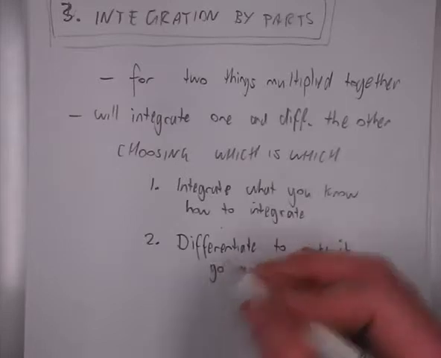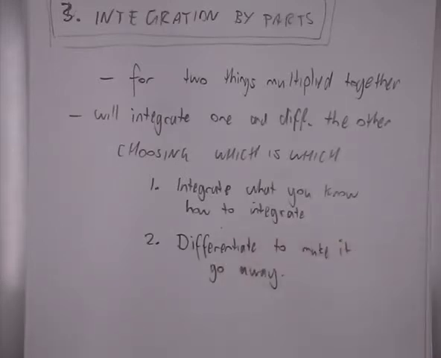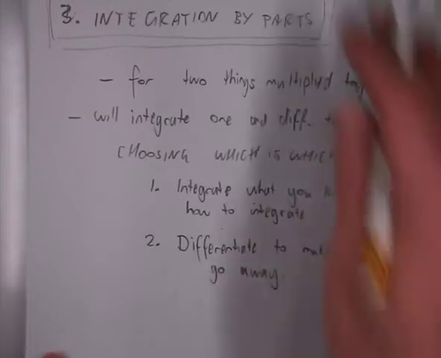So you want to get the one to differentiate, you want it to go away when you differentiate it. So become a constant, hopefully, or if you do it enough times, it will disappear. So if you've got x, you should almost always differentiate that one, because when you differentiate it, it will become a 1, and 1 times anything is the same. So I'll do some examples so you know what I mean, but they're the big choices.